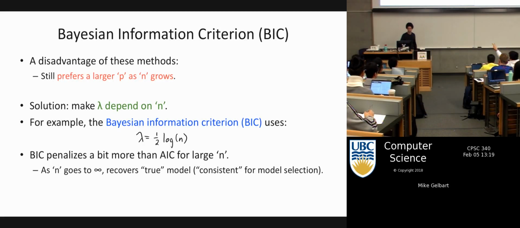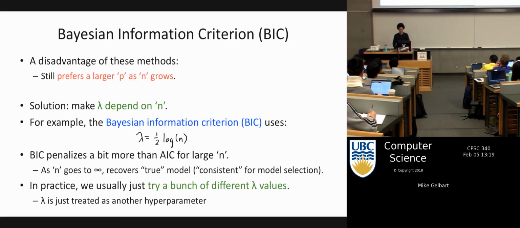Wait, sorry, the top statement, the disadvantage, blah, blah, blah, it's from the previous, like using AIC and all that. Okay, right, so the question was, this disadvantage is referring to the previous slide.